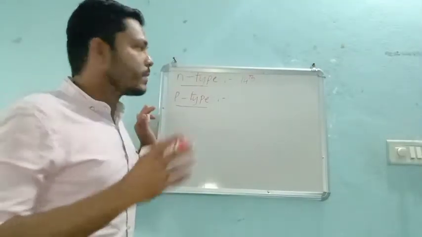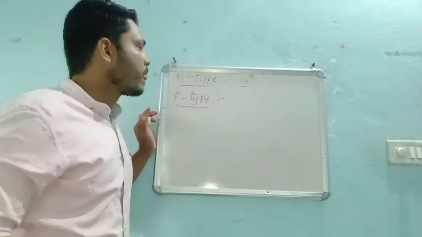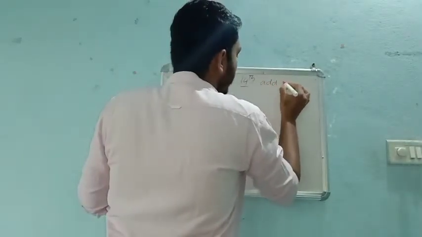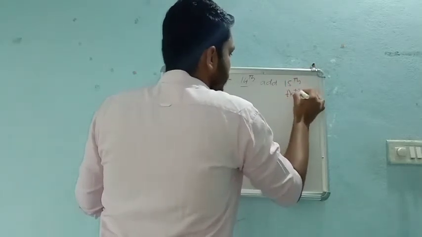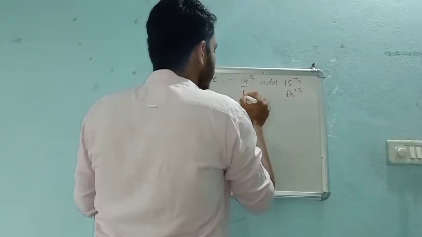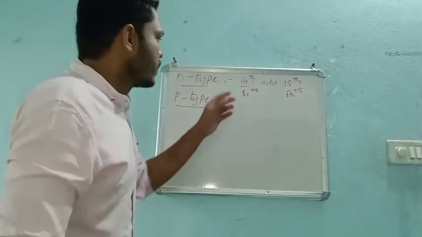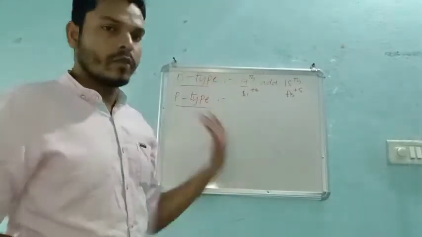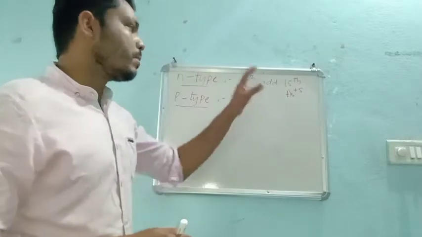To that host we added an impurity of 15th group element, arsenic, plus 5, and silicon has 4 charge. Silicon requires only 4 bonds around it, but we are giving a 5 bonded compound, so one extra electron will remain in the solid.